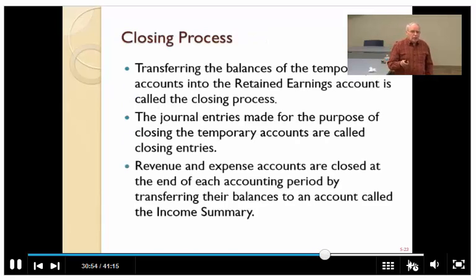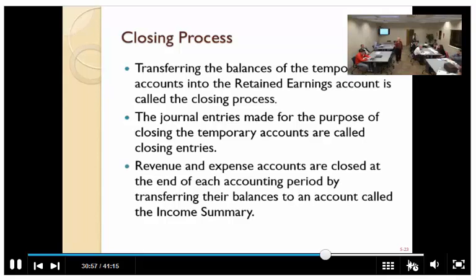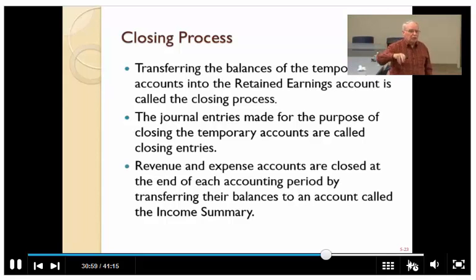Now, the closing process. I'm not going to read all this, but basically the revenue accounts are normal credits, so we're going to debit the revenue account to make it zero and credit something called the income summary. In an automated system, you would simply tell the system that you want to close the year, and it automatically zeroes out revenue, expenses, and dividends, and puts the net into retained earnings.